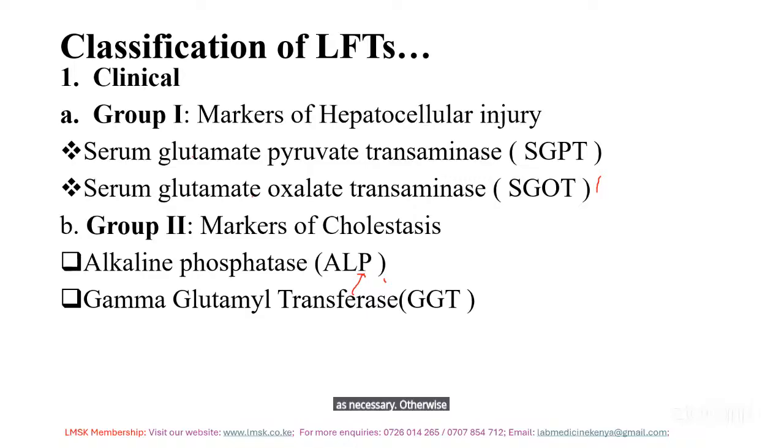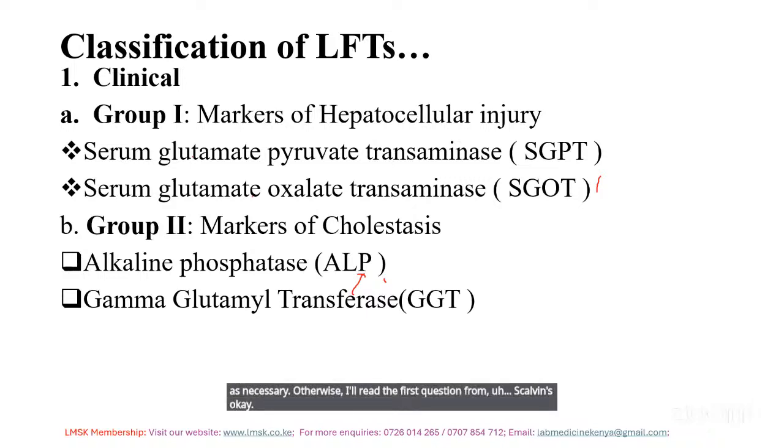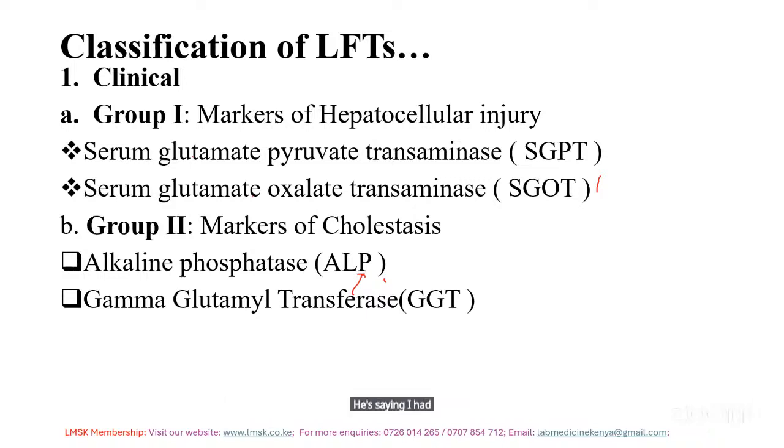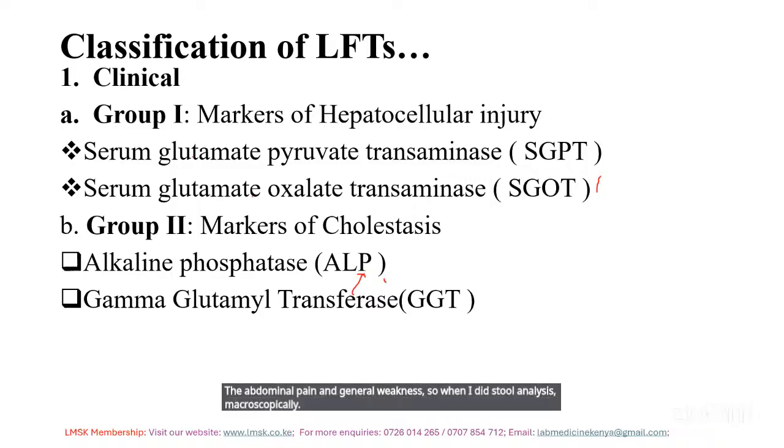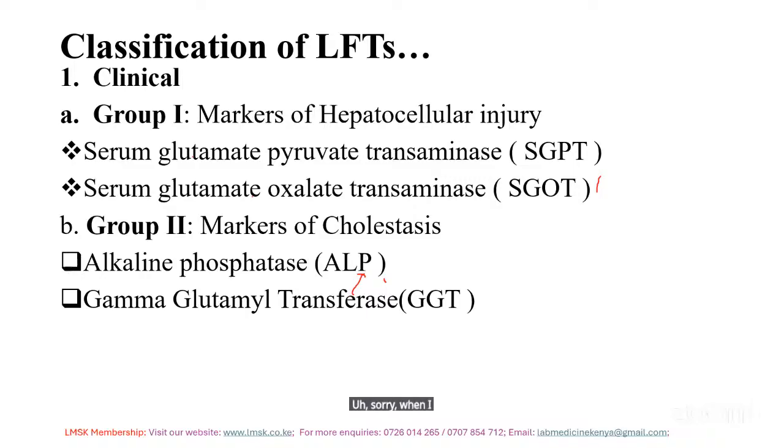Otherwise, I'll read the first question from Calvin's Okech. He's saying, I had a patient who was complaining of a constipated stomach with abdominal pain and general weakness. When I did stool analysis macroscopically, the stool was semi-formed and yellowish in color.